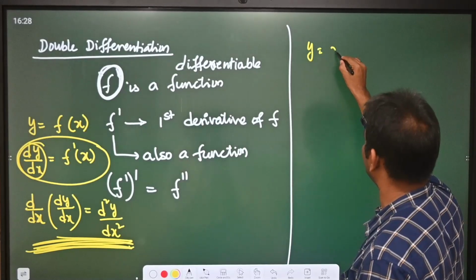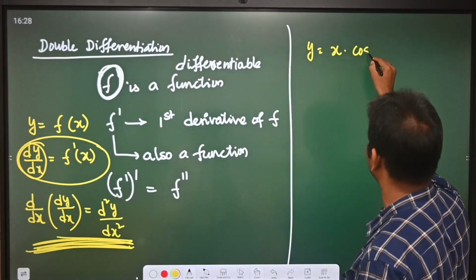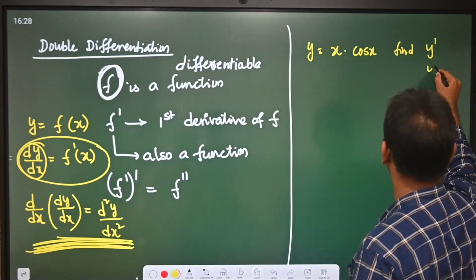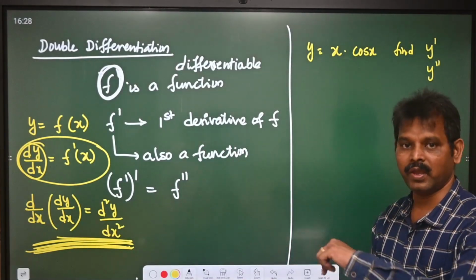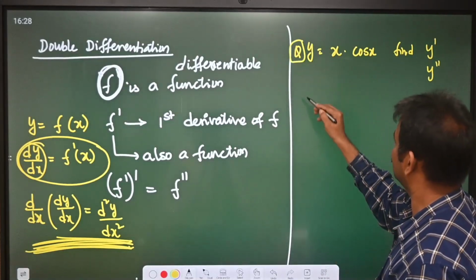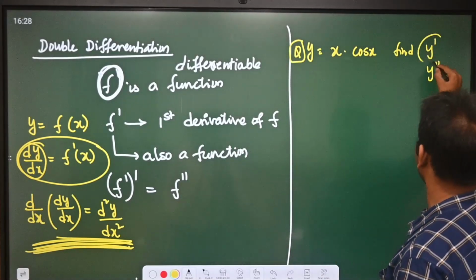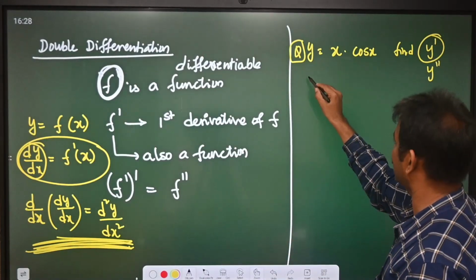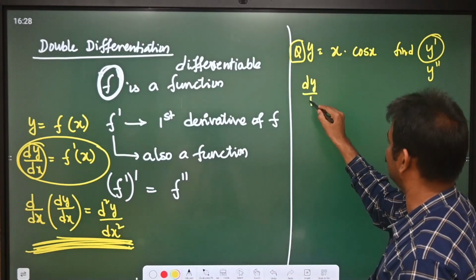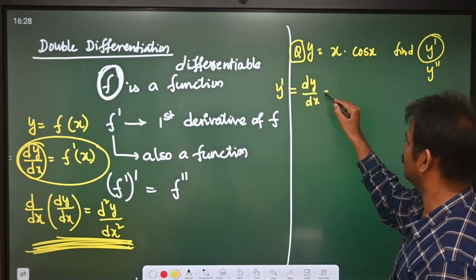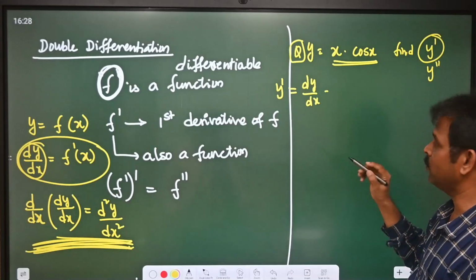y is equal to x into cos x. Find y dash, y double dash, or y prime and y double prime. So this is the given question. Now we are going to find y prime first, or dy by dx. y prime is also called dy by dx. First, this is the u into v formula.